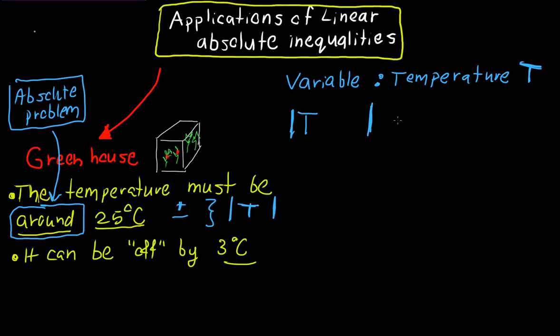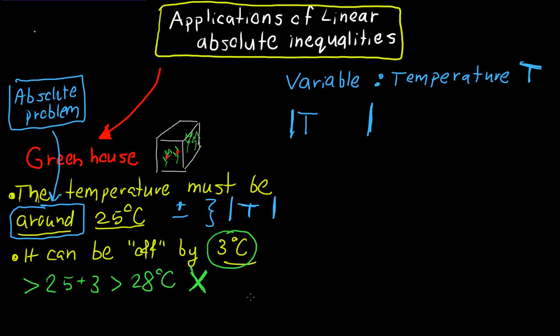And the question is whether we want smaller than or larger than. We want to make sure that it doesn't go more. It can't be more than a 3-degree difference, so it can't be more than, let's say, 25 plus 3. It cannot be more than 28 degrees. Okay, so this would be bad.